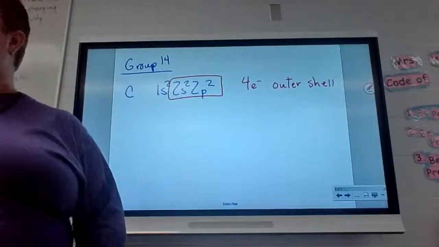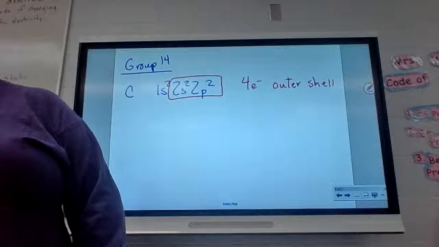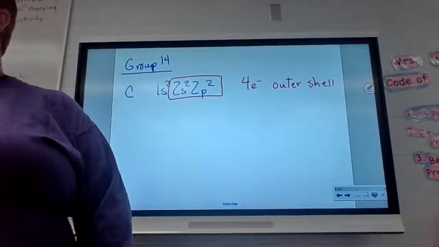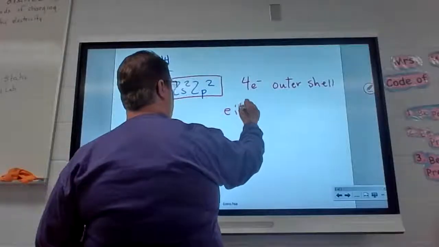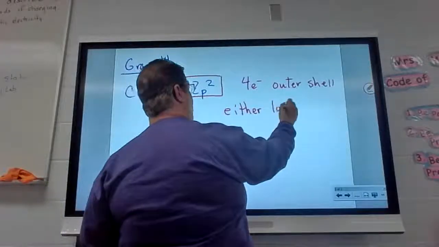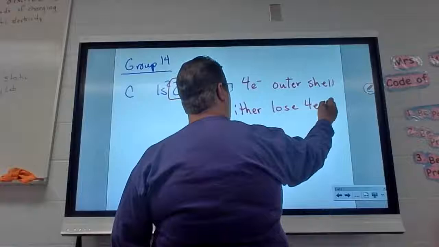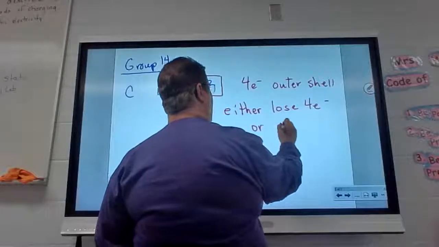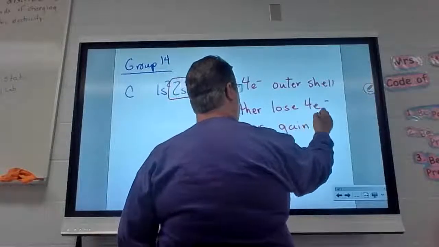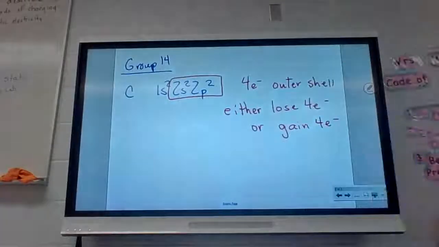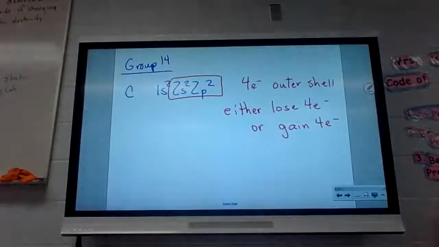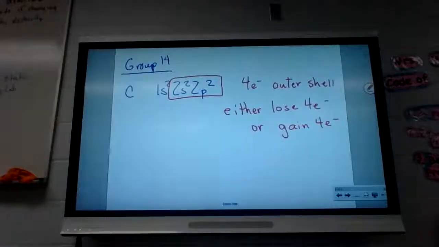How do we get to the magic number of 8? We can either lose 4 electrons or we can gain 4 electrons. Now, who's to say that losing 4 is easier than gaining 4? Is it easier to lose or gain?